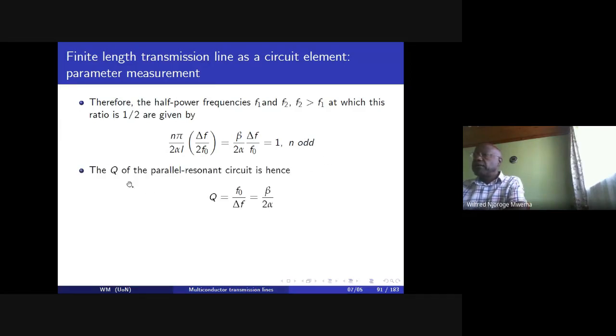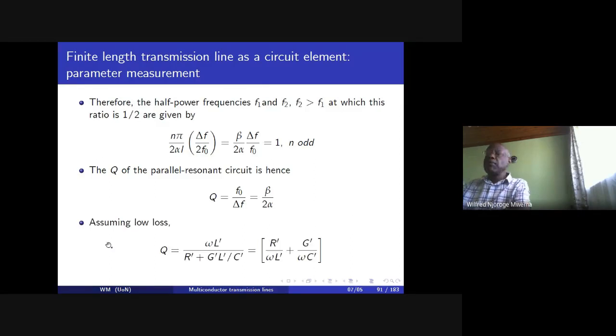And therefore, the Q of the parallel resonance circuit is going to be given by f naught, the center frequency, divided by the difference between f2 and f1, which is called the bandwidth of the resonance circuit. And we see that that is going to be twice beta divided by twice alpha. So that's the Q of that resonance circuit.